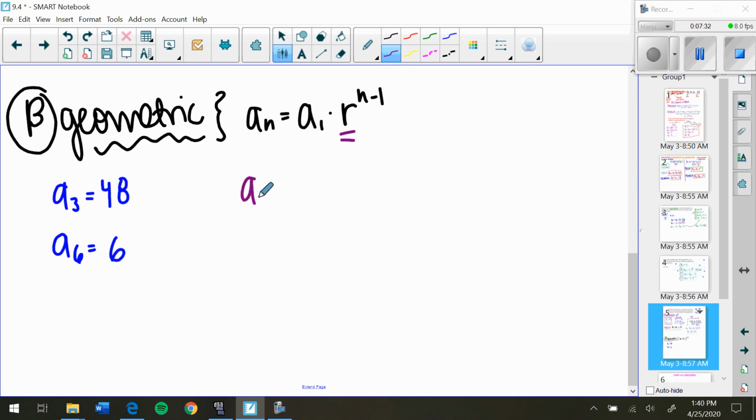So a sub 3, in this case, is 48, and that's equal to a sub 1 times r to the 3 minus 1. Making that a little nicer, 48 is equal to a sub 1 times r squared.